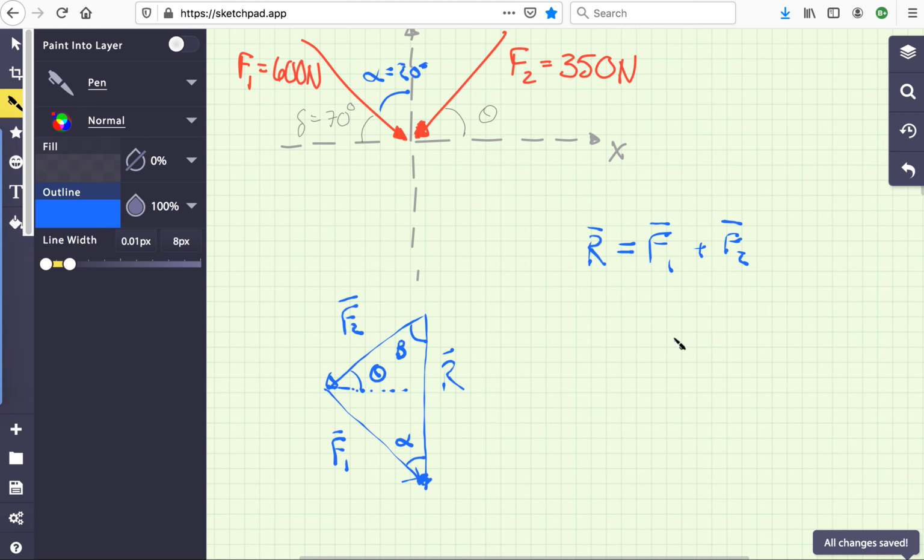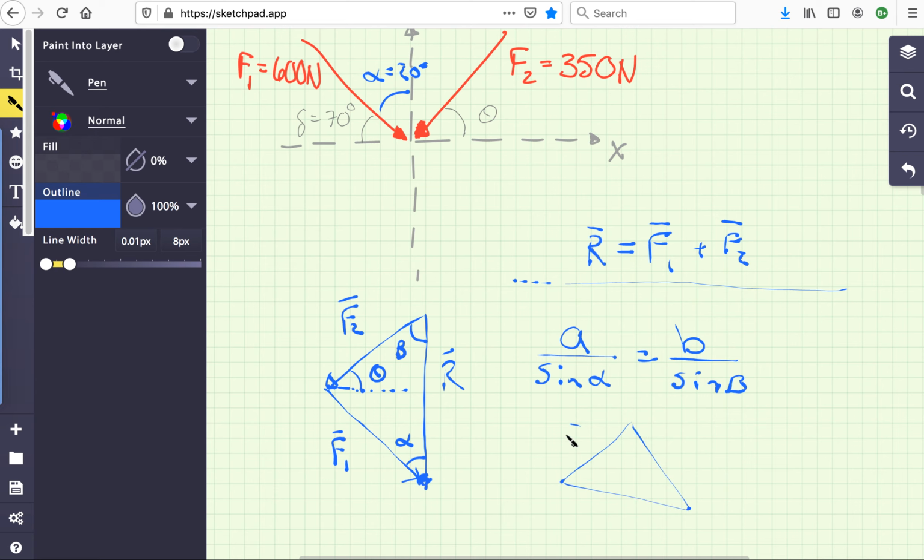Now the law of sines, if you're not familiar, or to recap, we can say that A, that's a distance, over the sine of alpha, which is the angle opposite the length, is equal to B, which is another length, divided by the sine of beta. What that visually looks like is something like this.